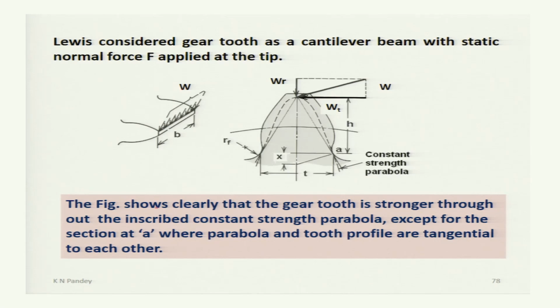So this figure shows clearly that the gear tooth is stronger throughout the inscribed constant strength parabola, which we had seen in our previous slide also, except for the section at A, where the fillet is, where parabola and tooth profile are tangential to each other.